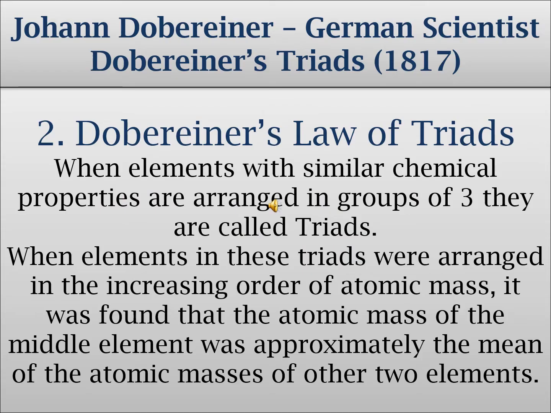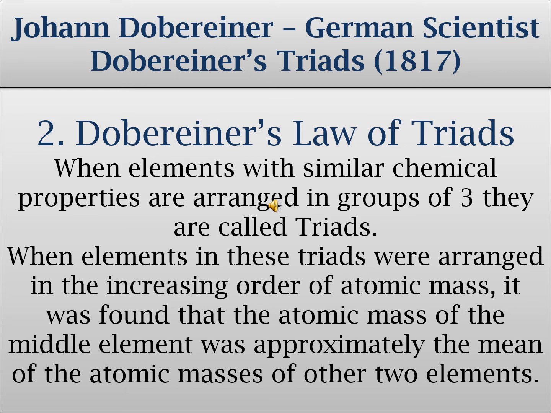The very first method of classification of elements was given by a German scientist, Döbereiner. Now this was way back in 1817 when the number of elements that were discovered was quite low, and so whatever elements were present at his time, he arranged those elements in groups of 3, and hence it was called a triad.